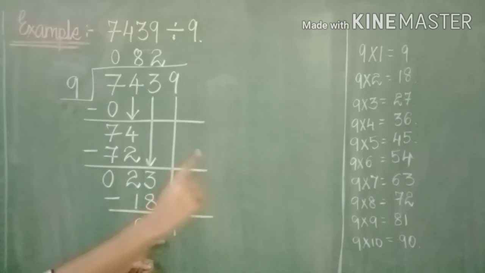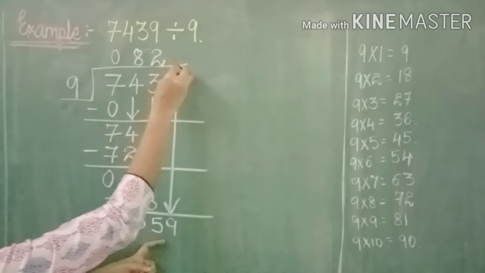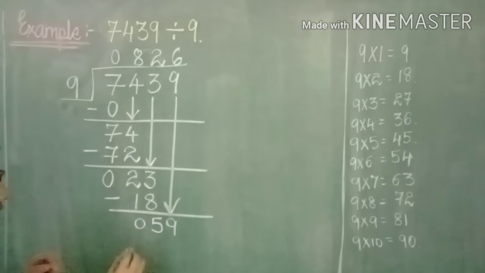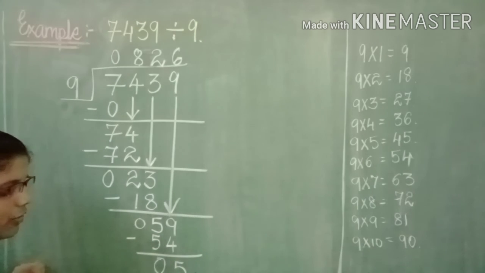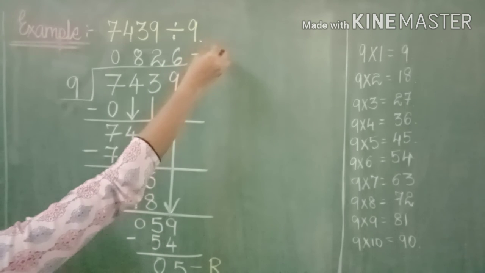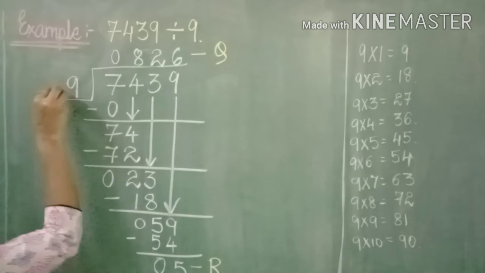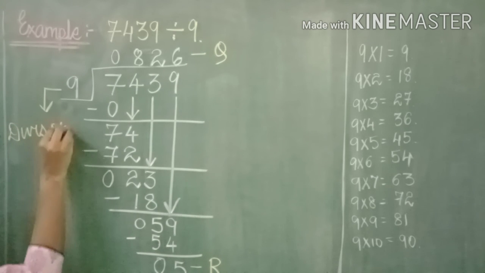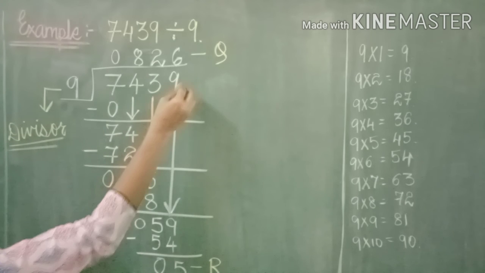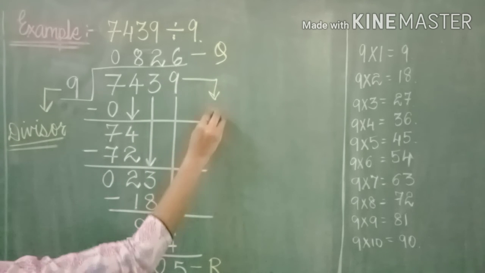Now we know that 9 6s is 54. 9 6s, 54. 9 minus 4 is 5. 5 minus 5 is 0. So we know that this is called the remainder, this is called the quotient, this is called the divisor, and the last important part, this is called the dividend.